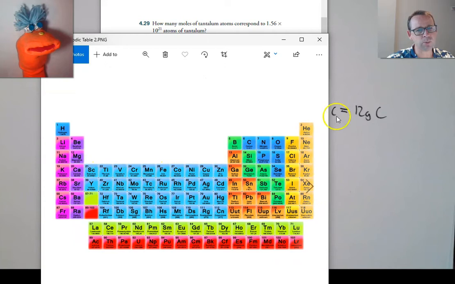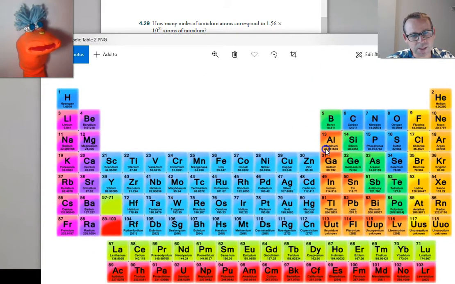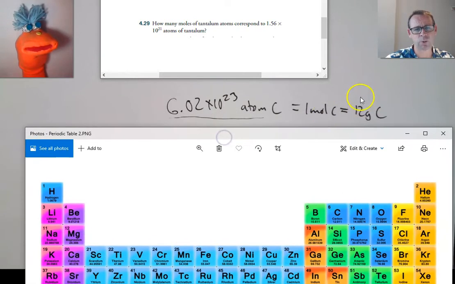So if we look at any one of these elements, aluminum, 26.961539, that begins to be the mass in grams that you need to have of aluminum if you want to have 1 mole of aluminum. Okay? So what that's done for us, by defining 12 grams as 1 mole of carbon, as this many atoms of carbon, we can use the units of grams per mole for every single one of these elements, right?